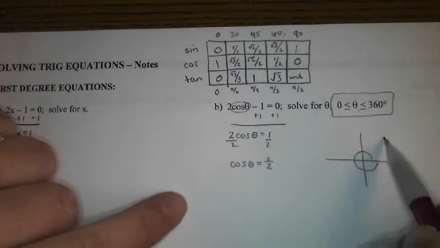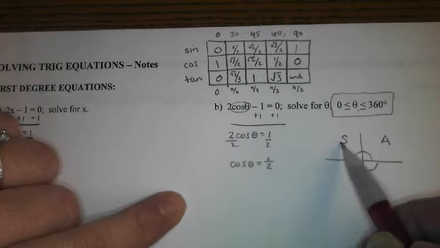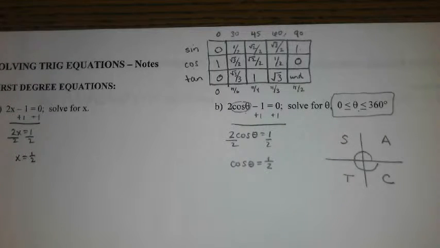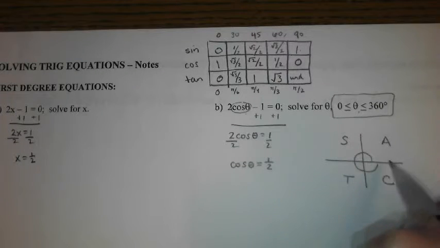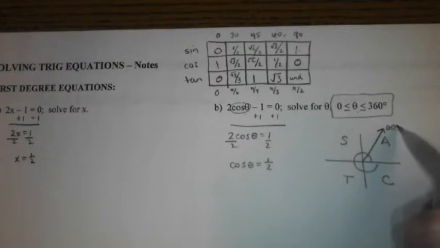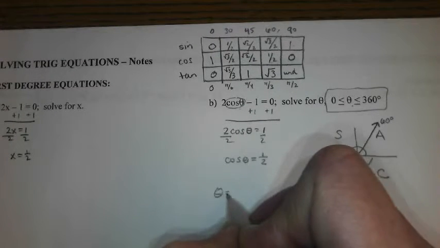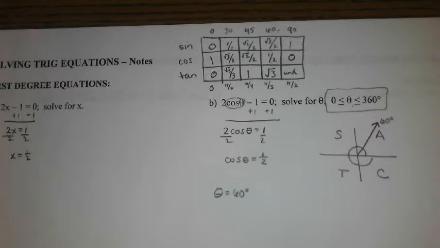Starting with the positive, what two quadrants are we going to stop in? Where is cosine positive? 1 and 4. So in the first quadrant, our reference angle of 60 would be a 60-degree angle. Yes? So because that's quadrant 1, theta could be 60 degrees.